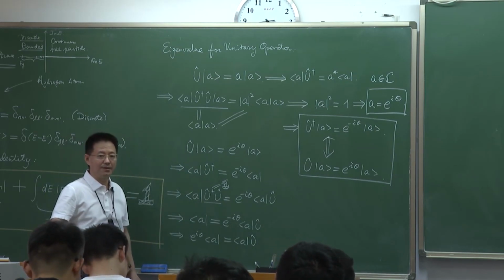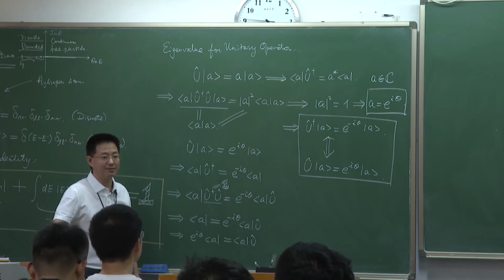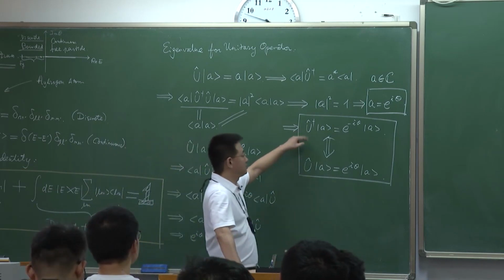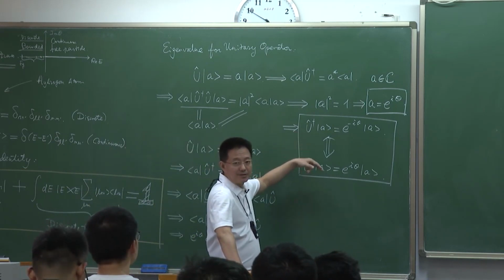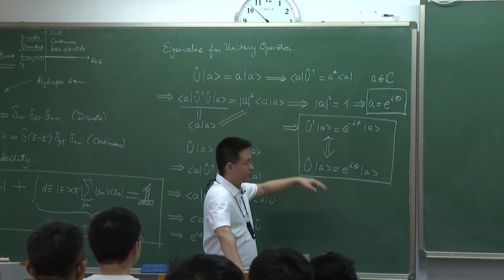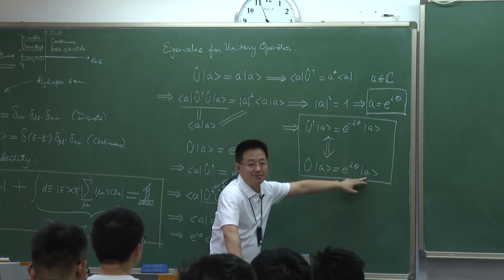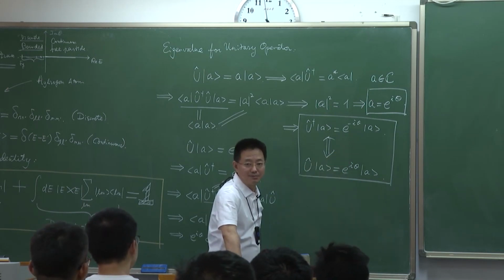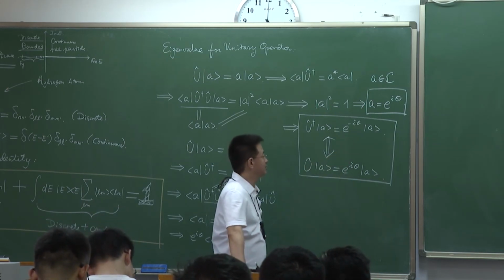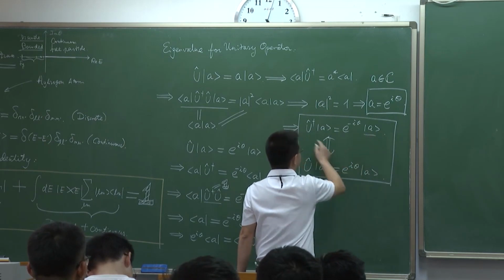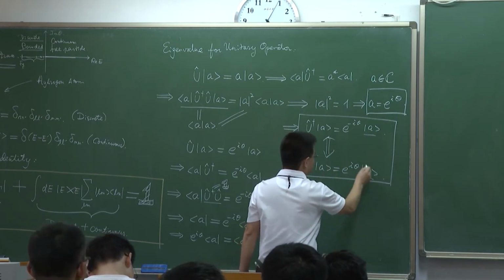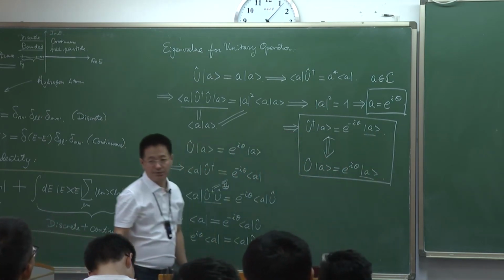What can you get from that? You can find that U and U dagger have the same what? You have the same eigenstate, but with a different eigenvalue. So this is the eigenstate of U dagger, and this is also the eigenstate of U.